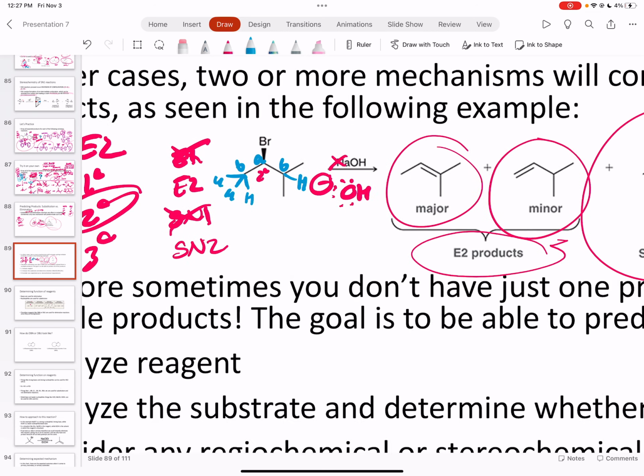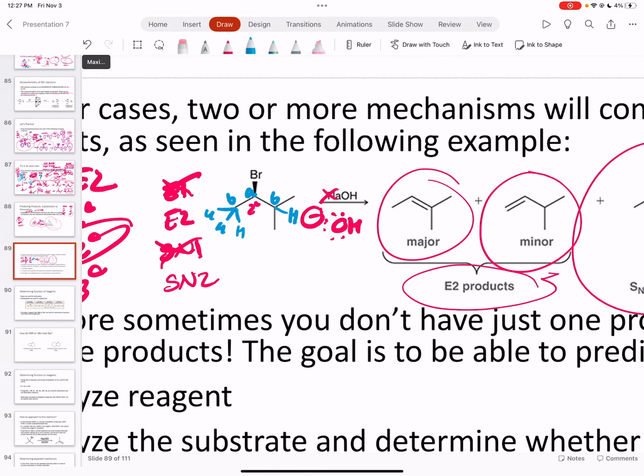So we were able to see that we have two products in total, just because this beta carbon has a hydrogen, and this beta has 3 hydrogens.